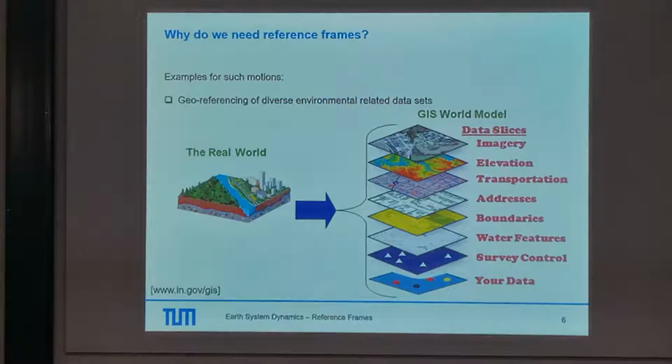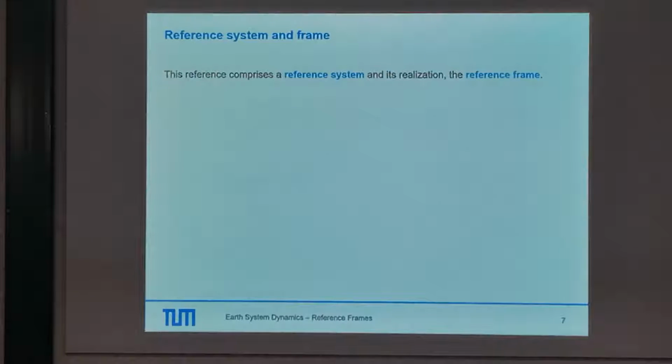That's why you need a reference system, in order to, for example, relate the boundaries to the elevation or whatever. So in order to georeference the different data sets, you have to have one common stable reference system for all of them.